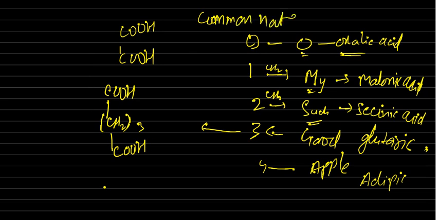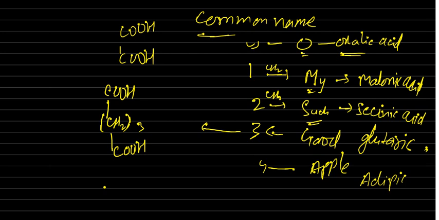Next, suppose 4 carbons are there in between 2 COOH, that is adipic acid. So what about the IUPAC name in this case?